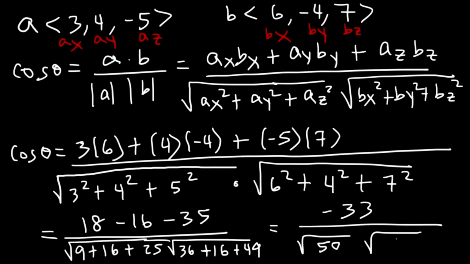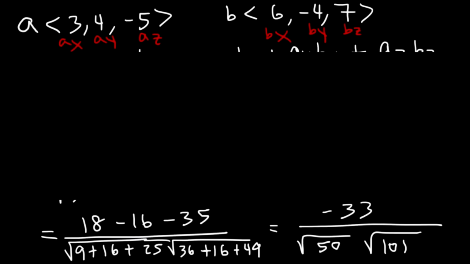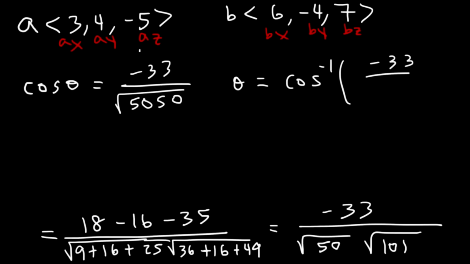And 36 plus 16 plus 49 is 101. 50 times 101 is 5,050. So theta is equal to arc cosine negative 33 divided by root 5050.